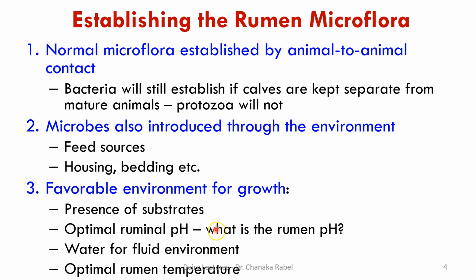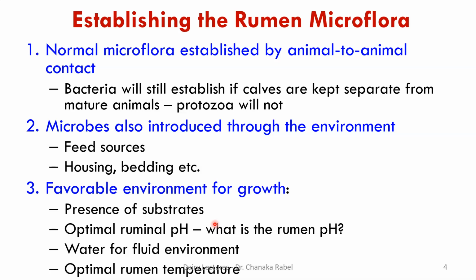Where are these microbes going to stay? Suspended in free air, or are they going to attach to the rumen mucosal wall, papillae, or float in fluid, or attach to substrate? Substrate would be basically roughage or concentrates.